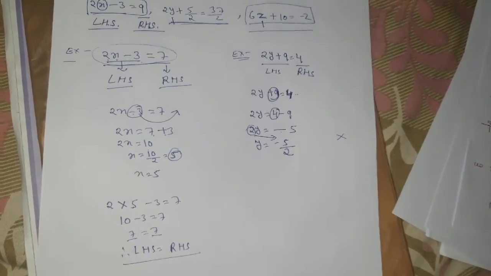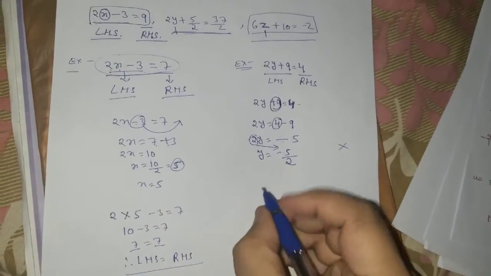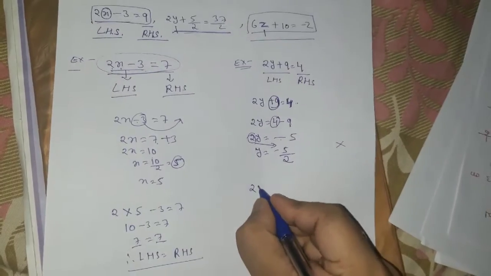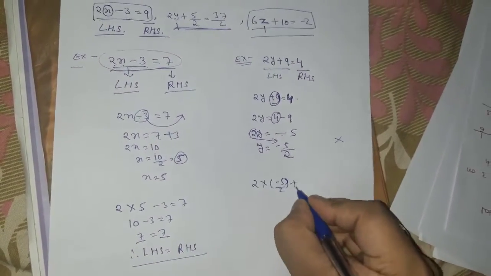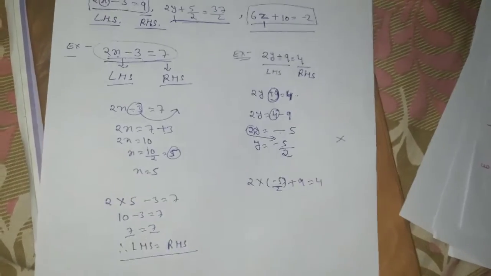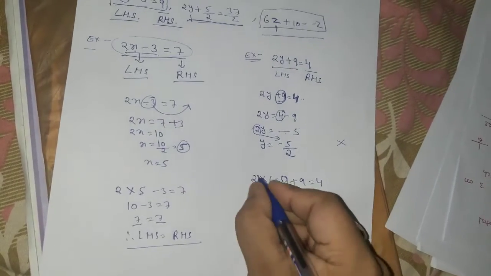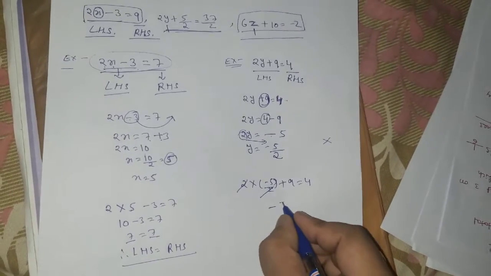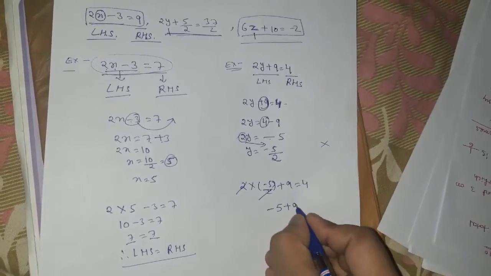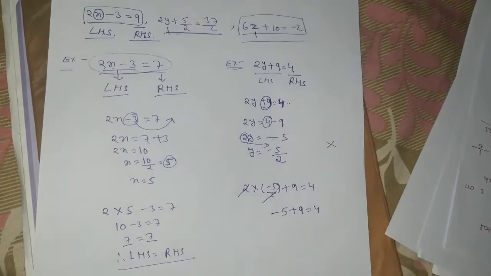Now same, we put the value in the equation. So 2 into minus 5 by 2 plus 9 equal to 4. The 2 cancels, minus 5 plus 9 equal to 4.